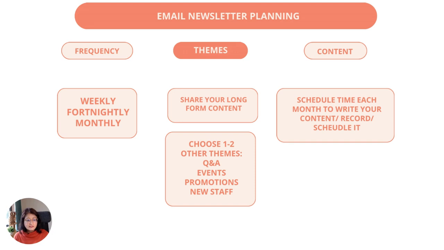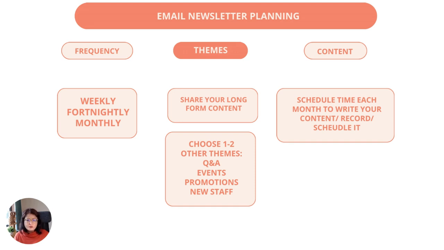Then, once you've got the frequency sorted out, start thinking about the themes. You know that one of the pieces that you'll be sharing is a bit of an intro to pique their interest about the long form content, so your blog post or podcast, where you then direct them through a link to the rest of that.